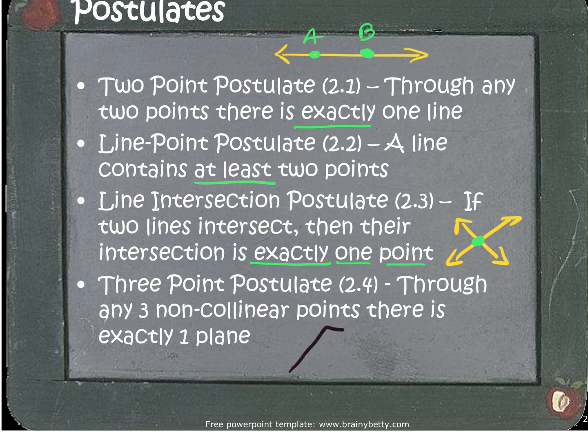So here is my plane, usually represented by some type of quadrilateral, so I'll just draw a parallelogram. And in there, I am going to place 3 non-collinear points. And I can name these A, B, C. So that's what a picture could be like, representing the 3-point postulate.